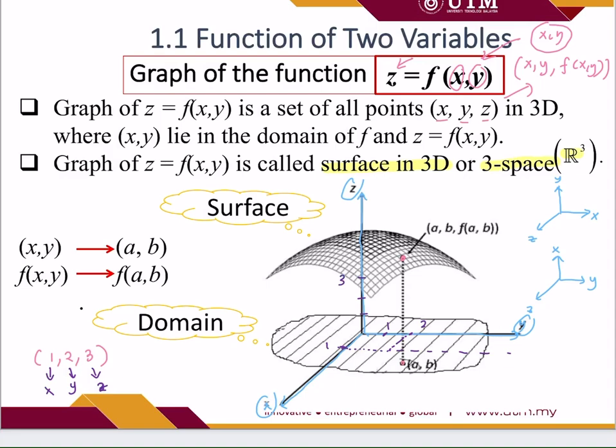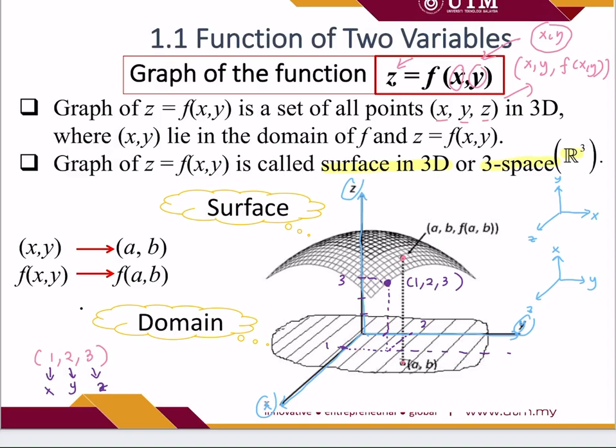So basically the point here will be on the surface up until 3 here. So the point (1, 2, 3) is at the surface. 1 and 2 are on the x and y axes only.